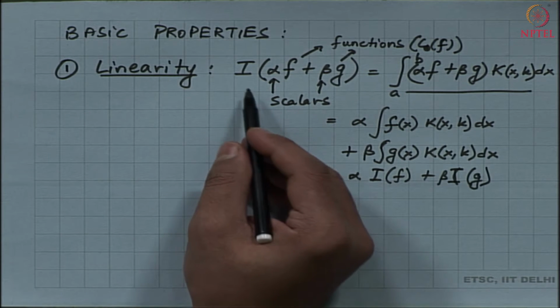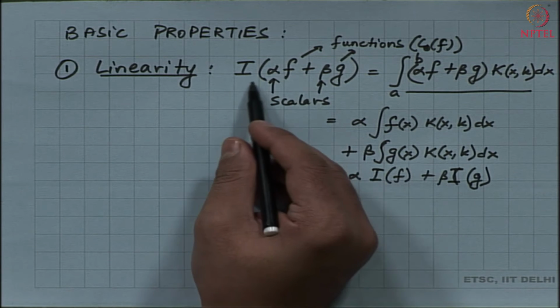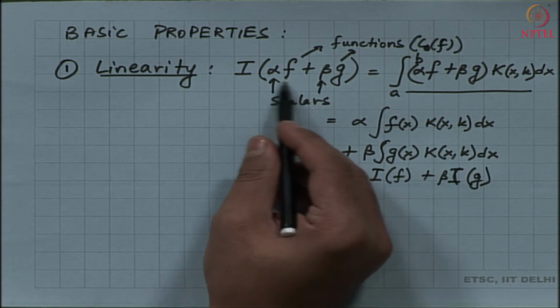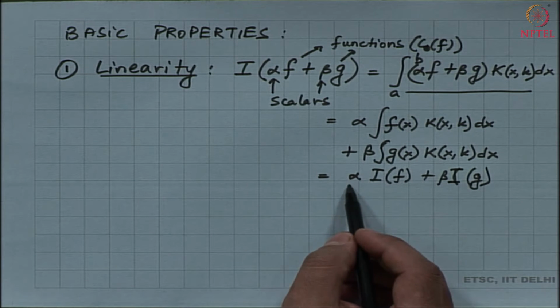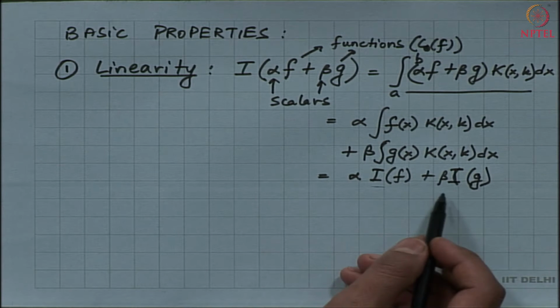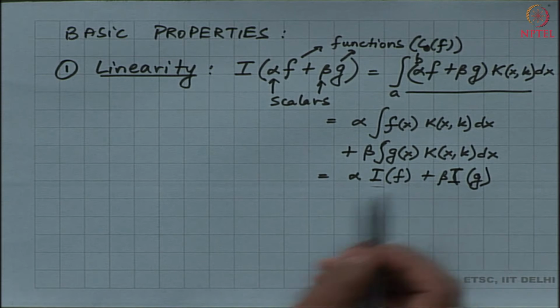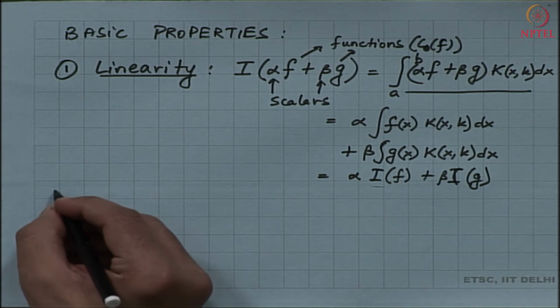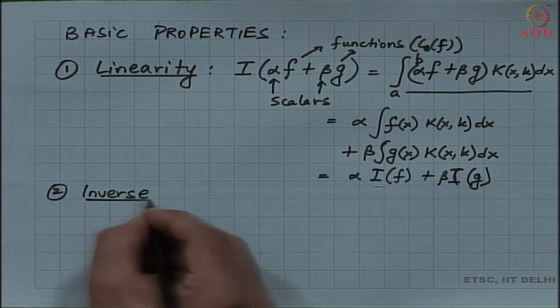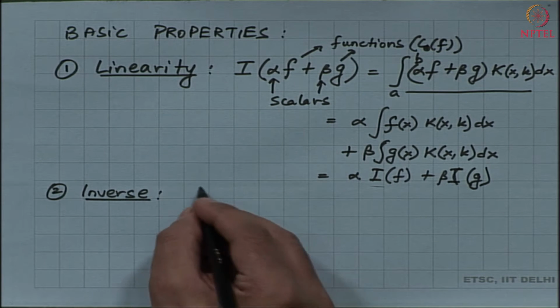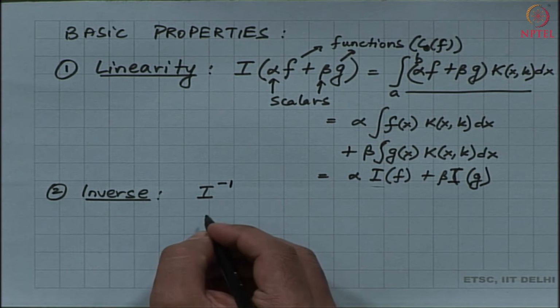So, what conclusion have we found? We have found that the integral transform of the linear combination of the functions is the linear combination of the corresponding integral transforms. The next property is that there is an inverse of this operator. I denote my inverse operator as I inverse.